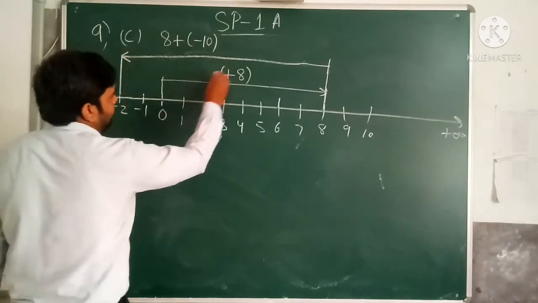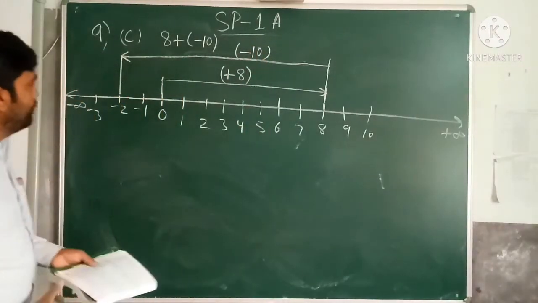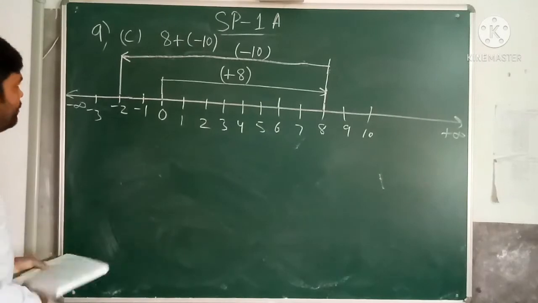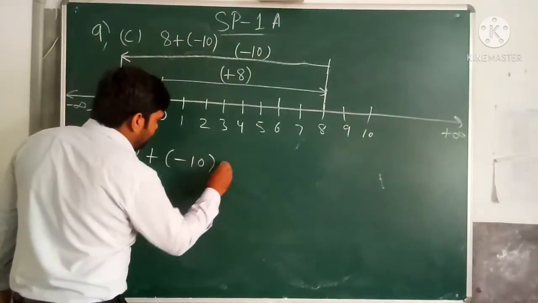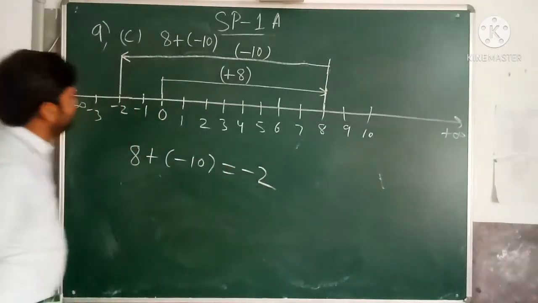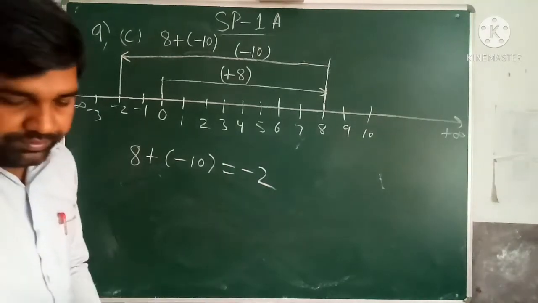So this is minus 10. See what sum you got? Minus 2. So when you add 8 plus minus 10, you will get minus 2. Okay. Now move to the next question.